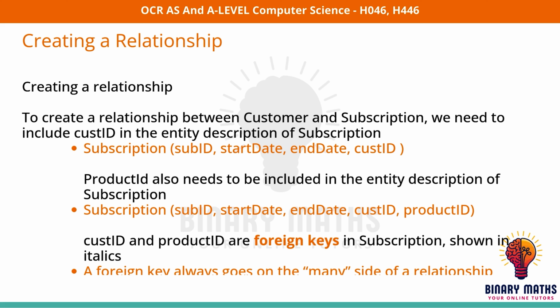Here, customer ID and product ID are foreign keys in the subscription table, shown in italics. A foreign key always goes on the many side of relationships. This ensures that the relationship between the tables is properly defined and maintained.